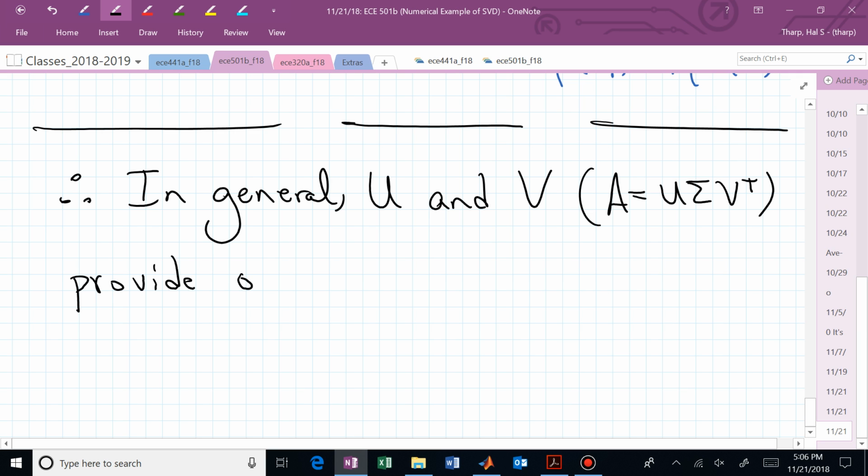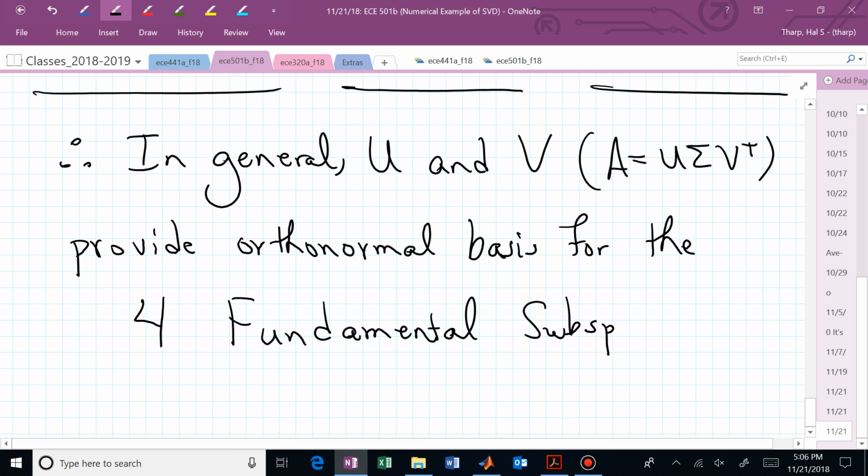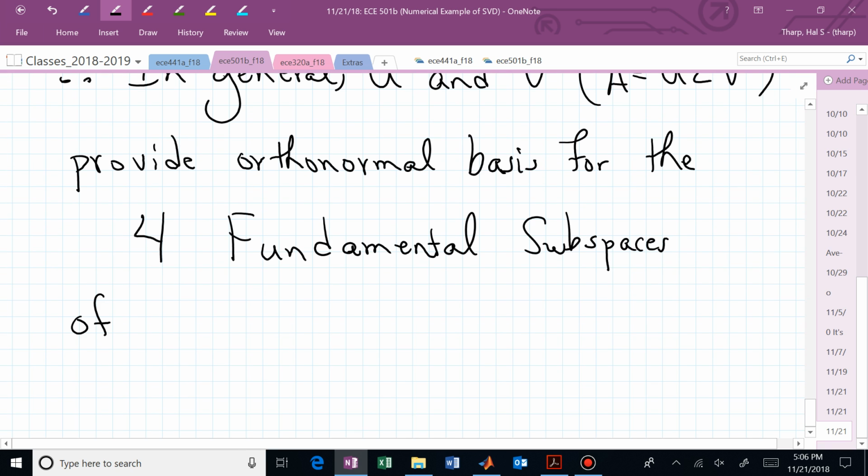These provide orthonormal bases for the four fundamental subspaces of a generic matrix.